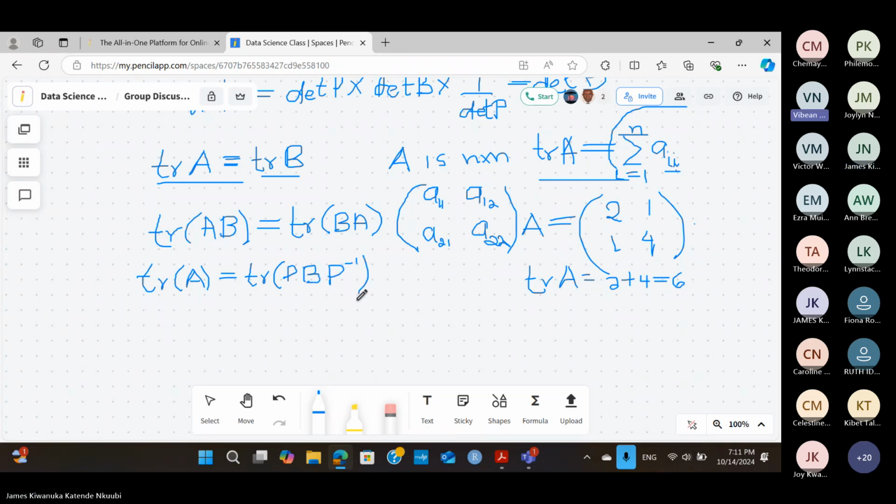This is true. So you can pick this as one matrix, and this is a second matrix, and reverse the order. Reverse the order of the product, trace doesn't change. So this is still the trace of P inverse.